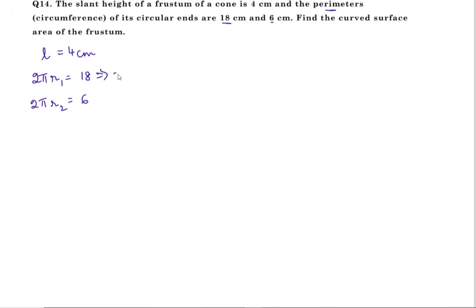What I get? r1 equals 18 by 2 pi. 2 ones are 2, 2 nines are 18, so r1 equals 9 by pi. The same way r2 equals 6 by 2 pi. 2 threes are 6, what you get is 3 by pi centimeter. That is r1 equals 9 by pi centimeter, r2 equals 3 by pi centimeter.